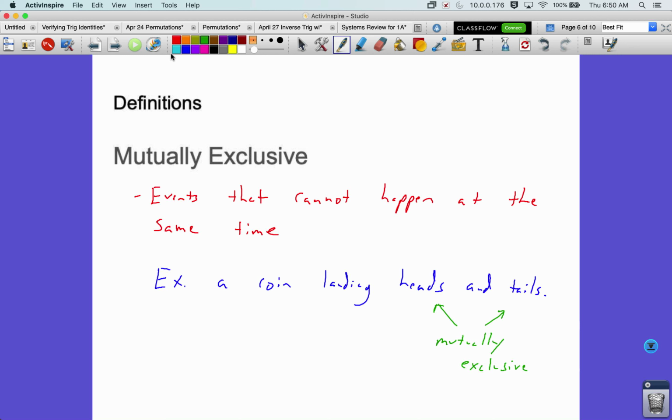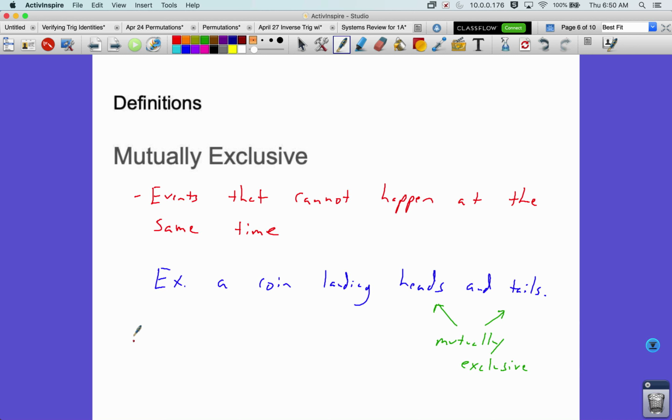So there's some overlap where it's in both categories. A coin can only land on either heads or tails. I guess technically it can land on its edge, but that would be another mutually exclusive event to heads and tails. They can't happen at the same time.